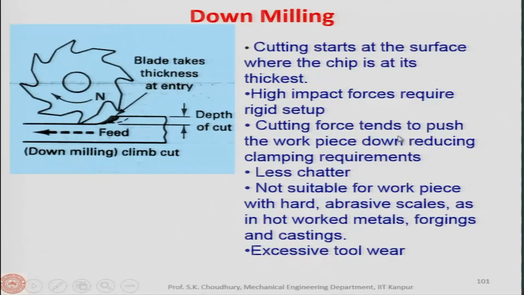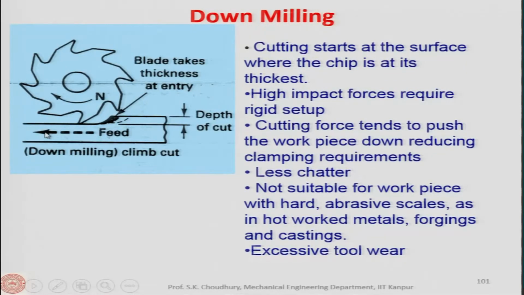Now, cutting force tends to push the workpiece down, reducing the clamping requirement. Here you can see that it is the other way around: it will try to push down. When it is pushing down, your clamping force requirement will be less, as compared to up milling, for example, where there is a tendency for the tool to pull up the workpiece.